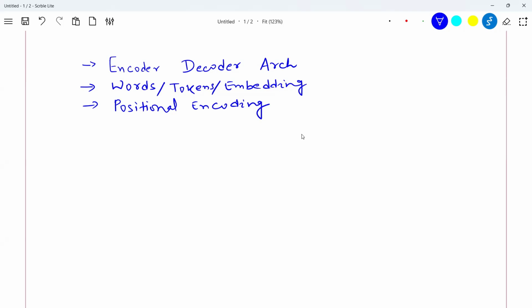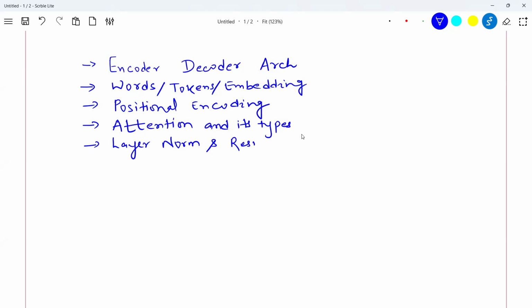Then you should understand the basics of attention and its types. You should also understand what layer norm is and what residual connection is.